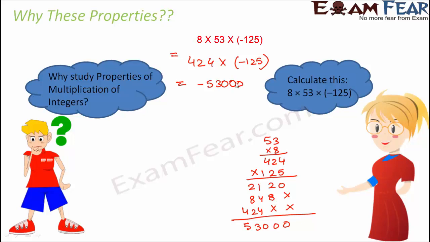There are high chances that you might even commit a mistake while performing this kind of multiplication. So the chances to make mistakes are more, it is more time consuming and it is more complicated. Therefore, we will make use of these properties to make our calculations simpler. So finding the product will become a lot simpler using these properties.